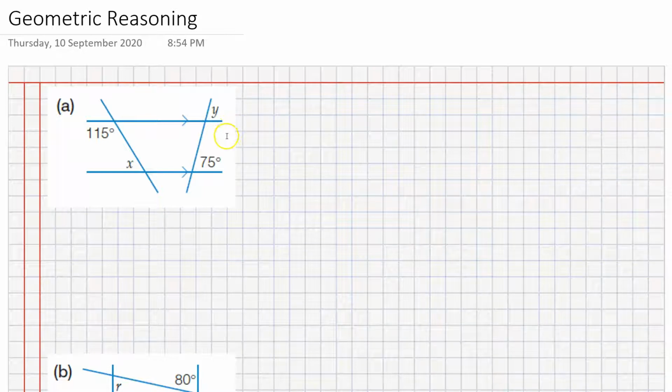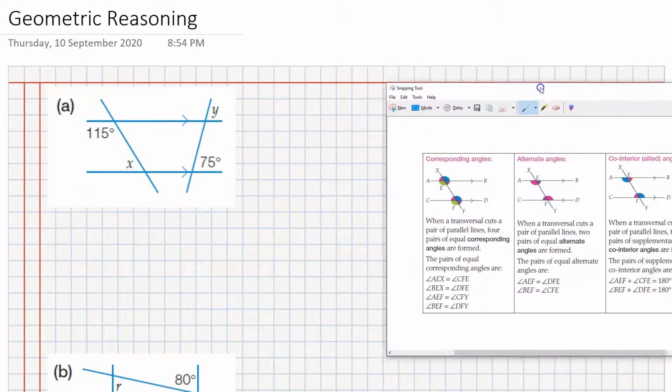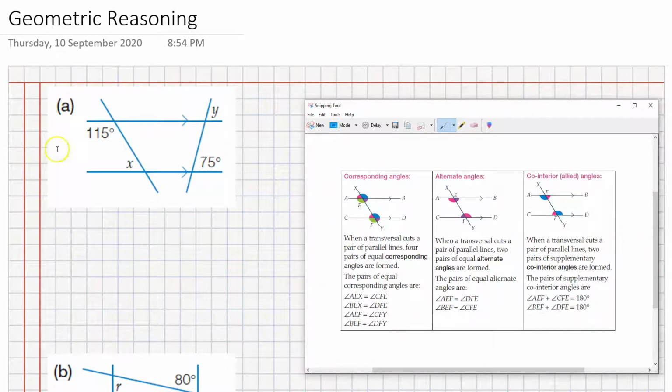To solve these particular problems, we need to reference our geometric properties that we would have seen last year, so Year 8. The ones in particular for this sort of problem are the properties involving parallel lines. We've got a property called corresponding angles, alternate angles, and cointerior angles.